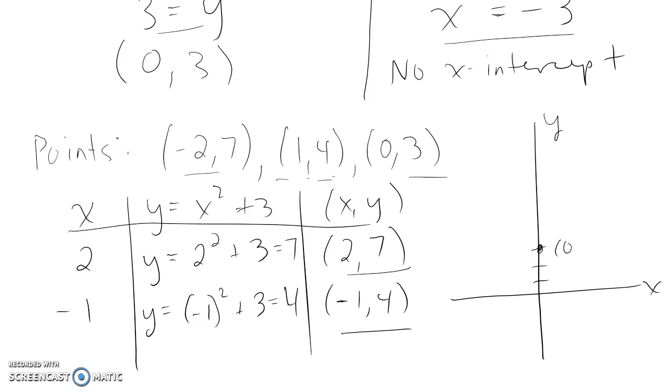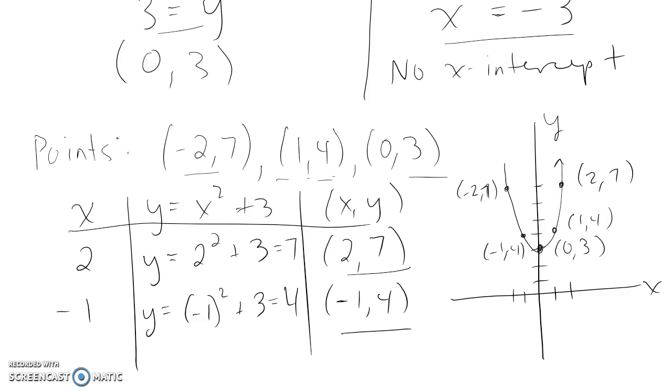Here's the point (0, 3), the point (1, 4), the point (-2, 7), and we also have the point (-1, 4) and (2, 7).